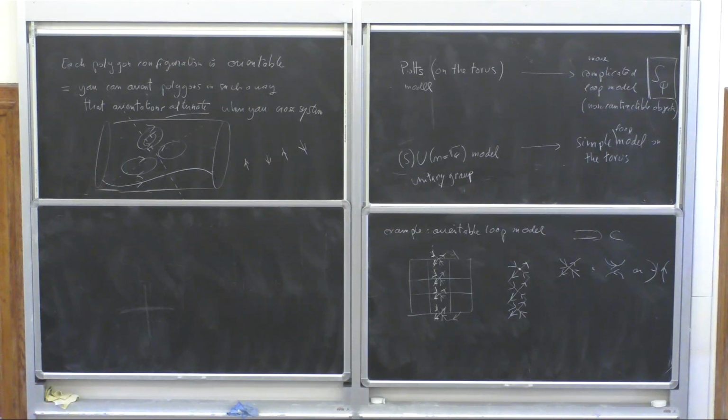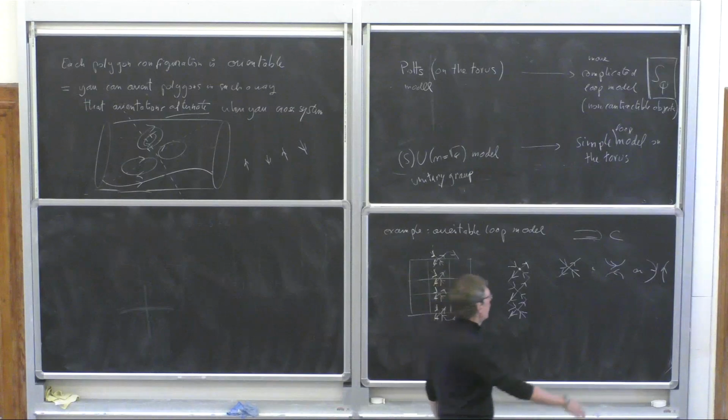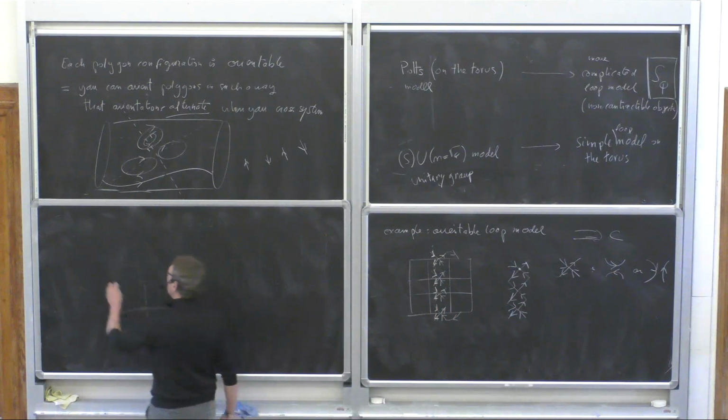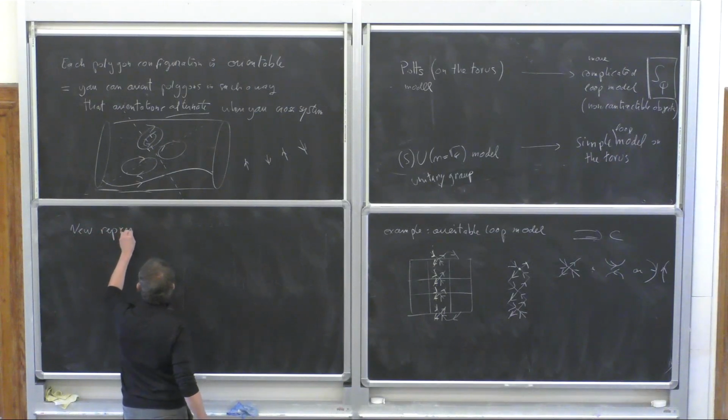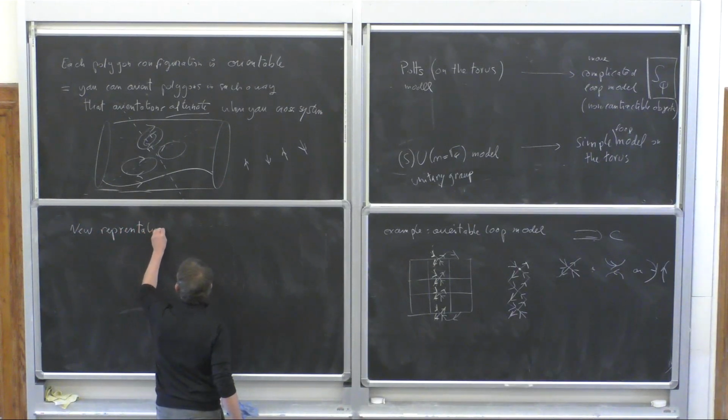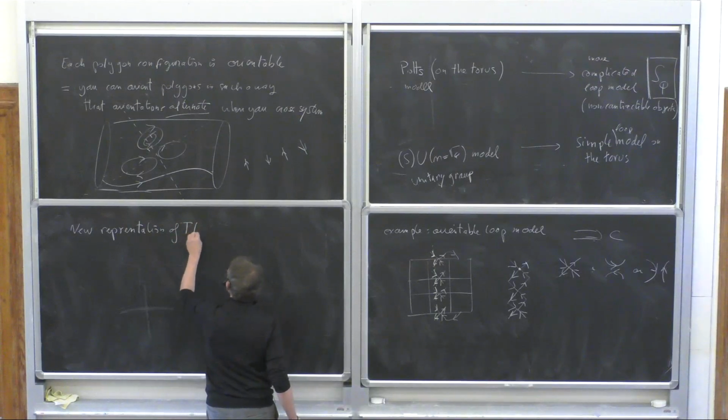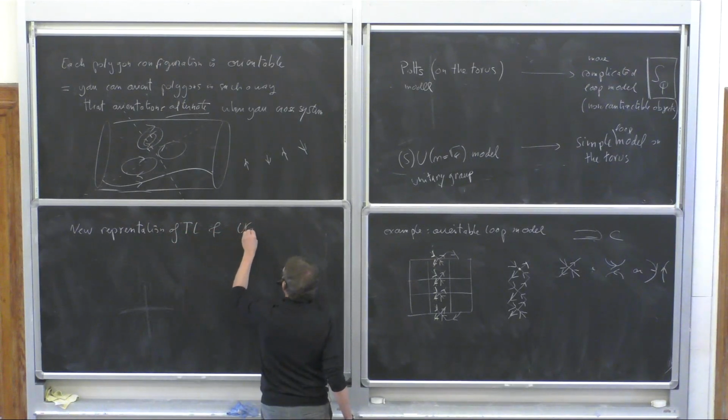Okay, so that's the simple model. And the point I want to make now is that thanks to this orientation, I can imagine a new representation of Temperley-Lieb that will exhibit the UN symmetry, or SUN symmetry.